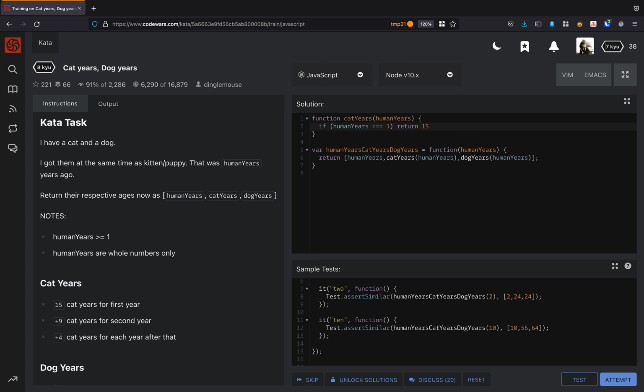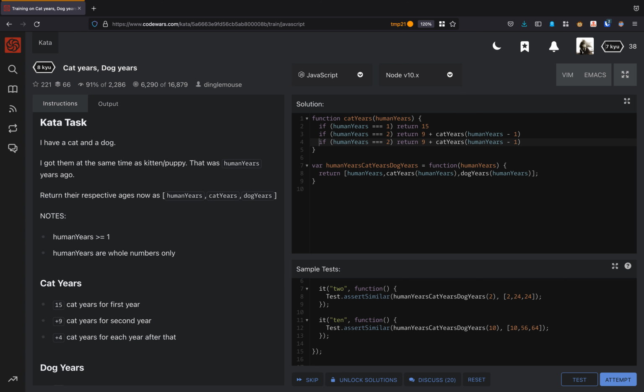And there we return 15. Then if the human years is 2, we would return 9 plus, and here's the recursion, cat years of human years minus 1.